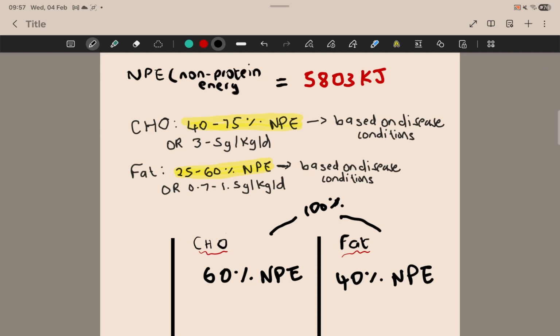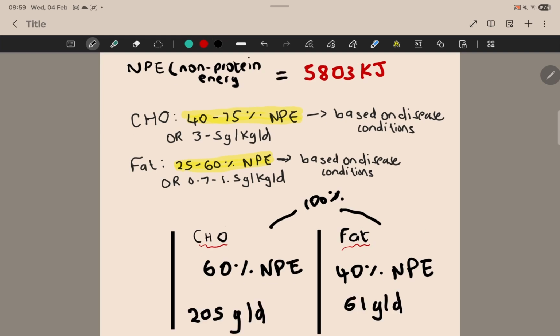For example, in a different condition, say your patient had a fat intolerance, like a major liver injury, you would use 75% of non-protein energy from carbs and 25% from fat. So we went ahead and calculated the carbs and the fats. For carbs I got 205 grams, and fat was 61 grams. I rounded up the figures there.